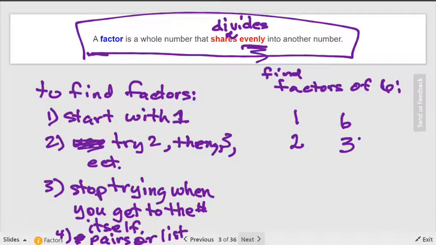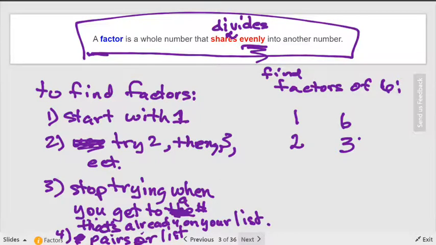I'm going to change your notes. I'm sorry. We're listing factors here, which is not what I gave you the notes for. Erase "itself" and put this: until you get to a number that's already on your list.